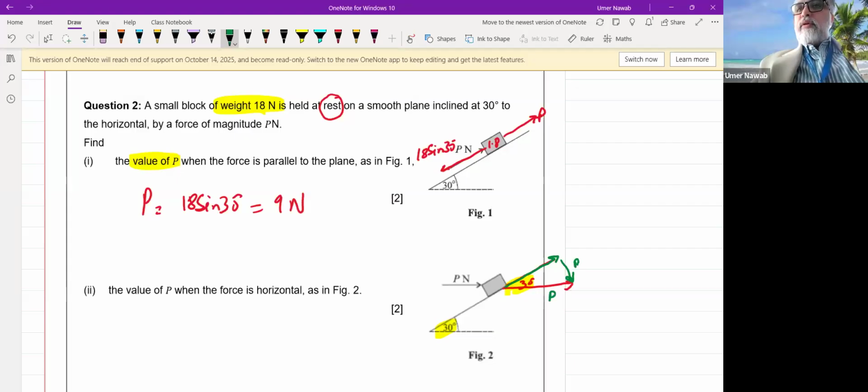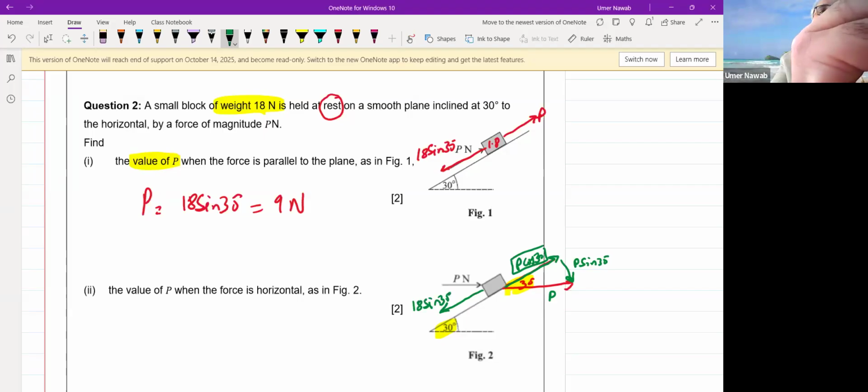This was P, so I'm going to call this P sine of 30, and this is P cosine of 30. Now, P cosine of 30 will be balanced with the weight component, 18 sine 30. In this case, I'm going to write 18 sine 30 equals P cosine of 30.